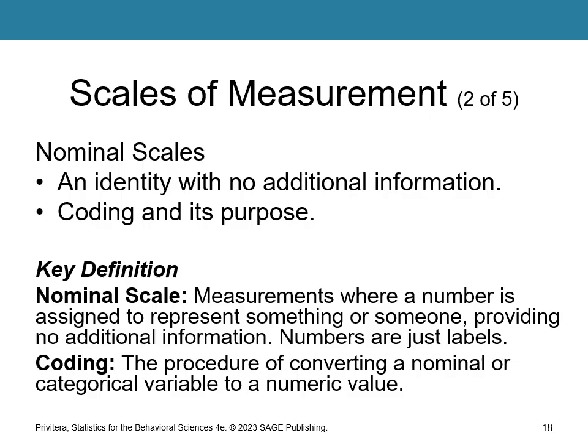The key thing to remember with nominal scales, you cannot do mathematical operations like adding or averaging. What's the average of a Democrat and a Republican? Well, that's just meaningless. Is your student ID number on a nominal scale? Yes, it is. It identifies you, but higher numbers do not mean anything special.